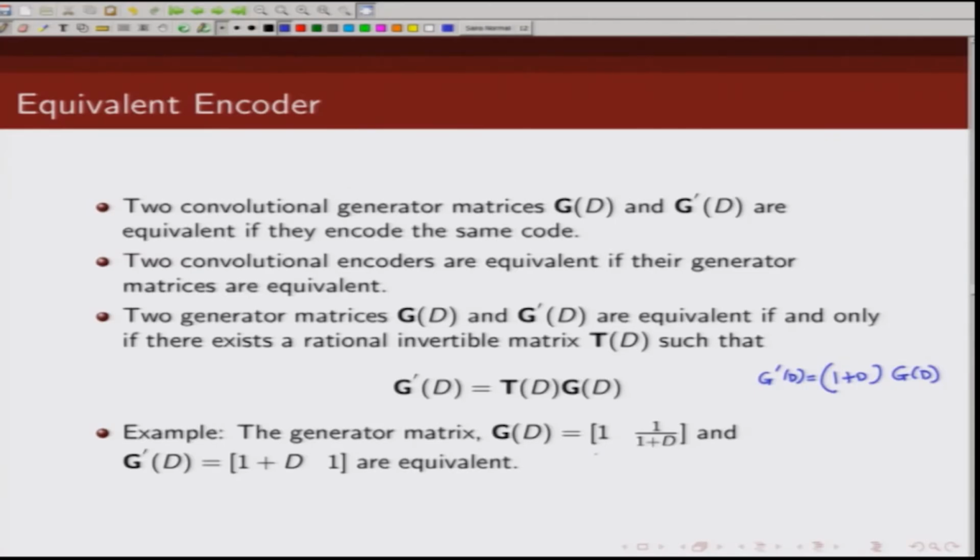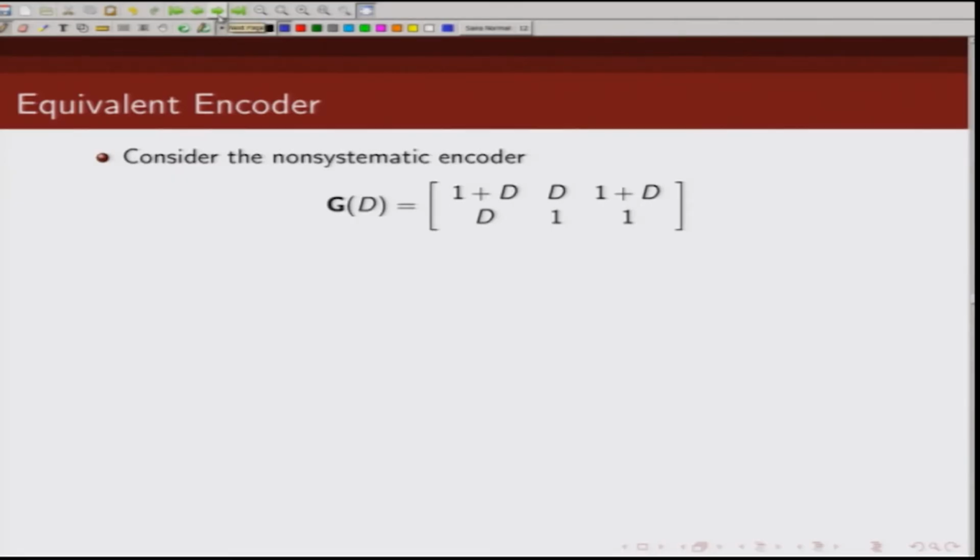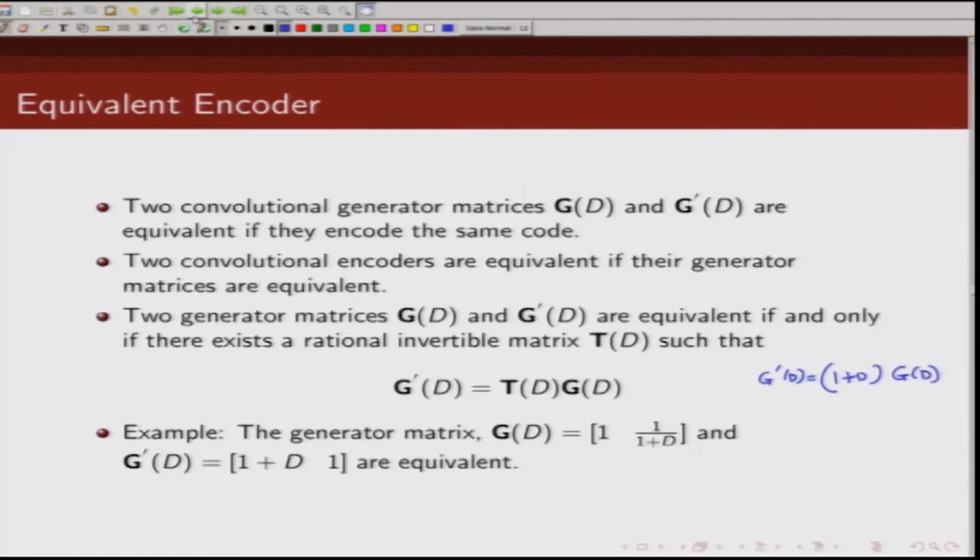And we can see this is a generator matrix for a systematic encoder, and this is a feedback encoder, this is a feed forward encoder.